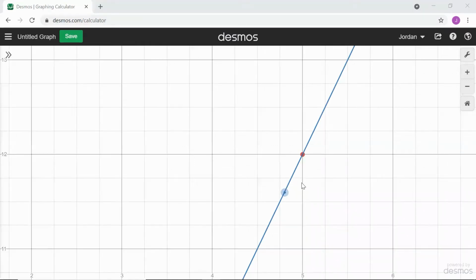I've created a little slider here where this is my point sliding along the tangent line. So if we're at the point (5, 12) and I know my graph is going in this direction, then I can approximate the point 5.1, what value I'm going to get out, by just saying, where would my point be along this tangent line?